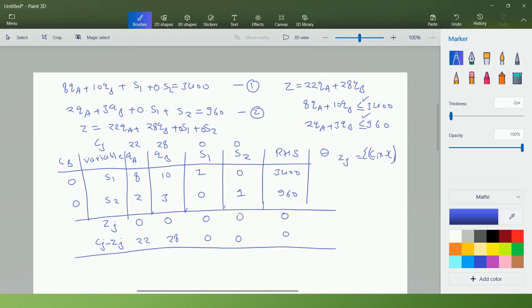Out of these values we will choose the maximum value. The maximum value is 28. That means QB will enter into the problem. So this column will be known as the pivot column. Let me write it here.